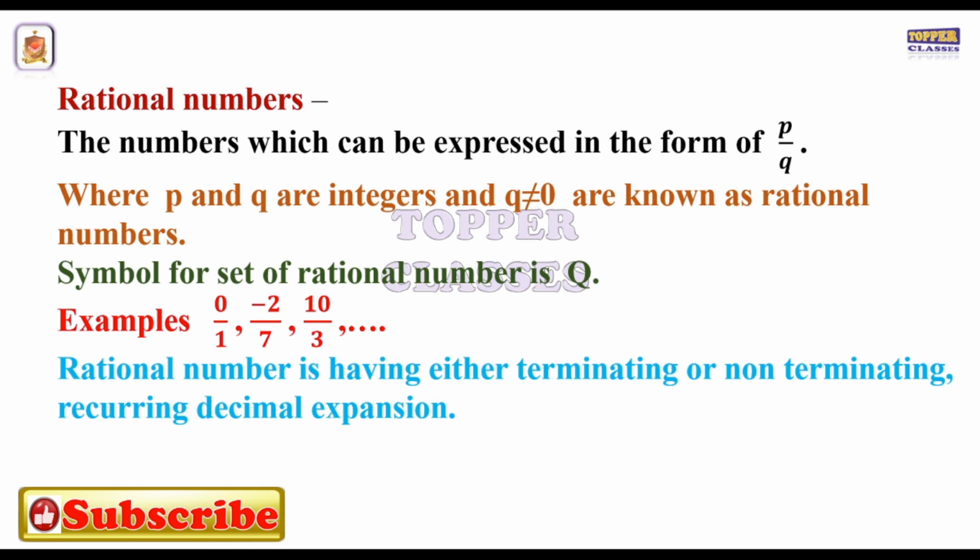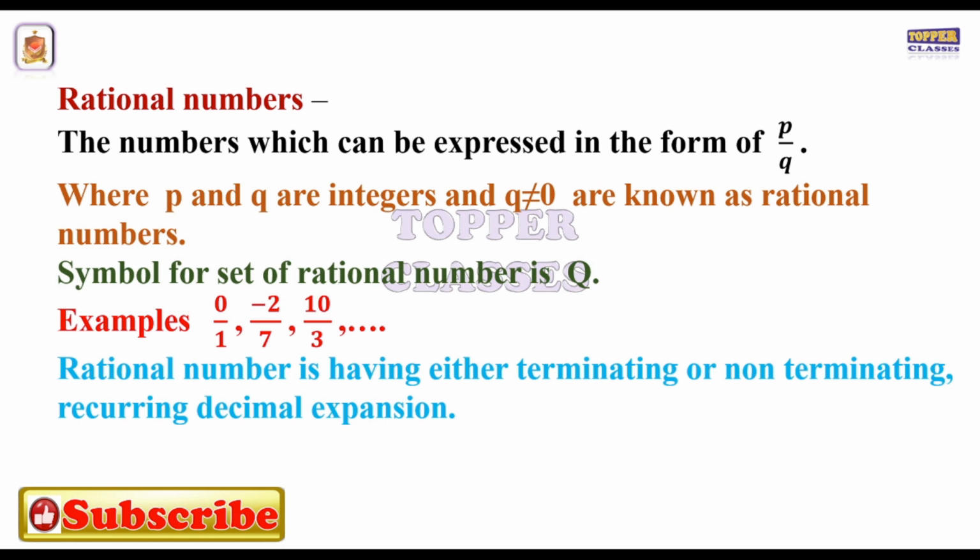Rational numbers have either terminating or non-terminating decimal expansion. If it is non-terminating, then the decimal expansion is recurring. Now, how is it non-terminating and recurring? To see this, do the division 10 upon 3.